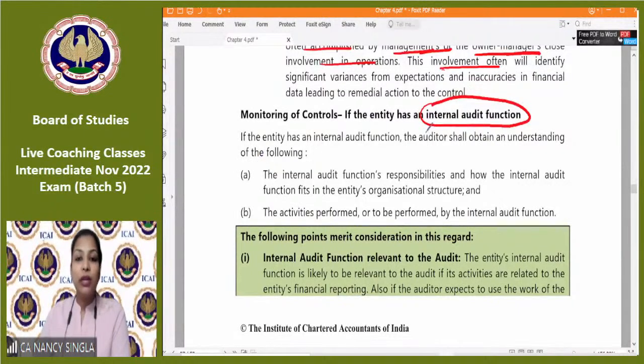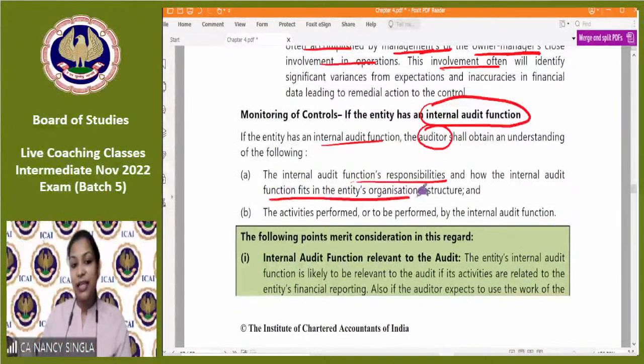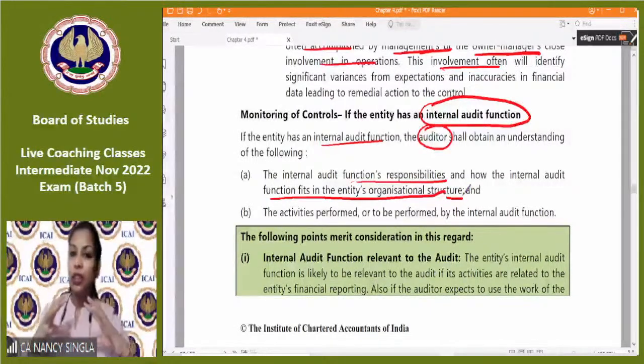And students, wherever the word auditor is used, it means the external statutory auditor. If the internal auditor is meant, the word internal will be mentioned. So if the entity has an internal audit function, the auditor shall obtain an understanding of what? The internal audit function's responsibility and how it fits in the entity's organizational structure. What does it mean? Whether the internal audit department or team is commensurate with the size of the entity.